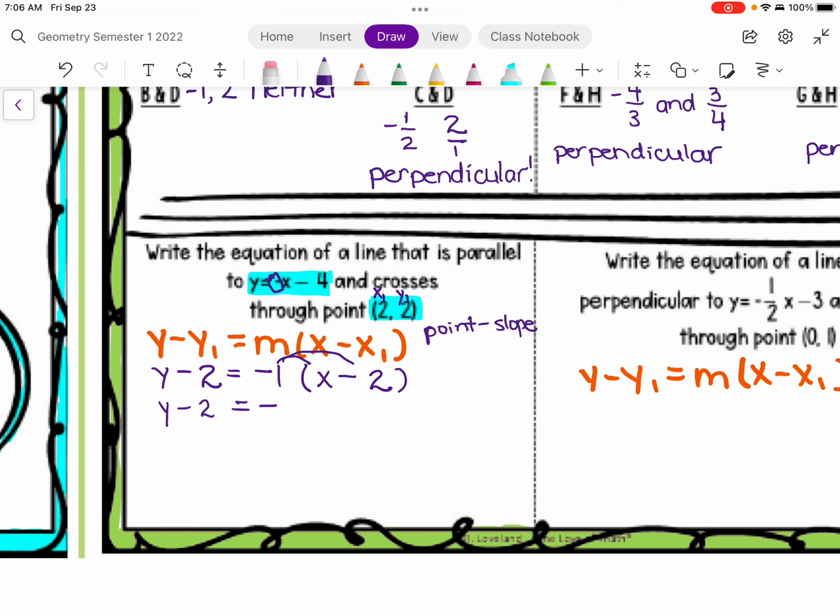So negative x, negative times negative is +2. And then last, I'm going to add 2 to both sides to get y by itself. So I get -x plus 4. We're going to practice that one more time with perpendicular. So if that was a lot, I got you.